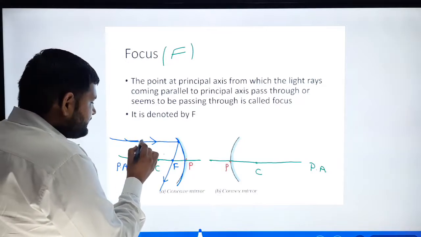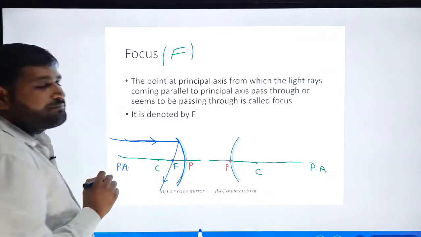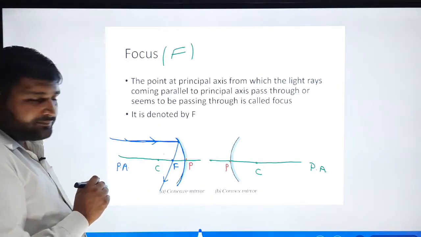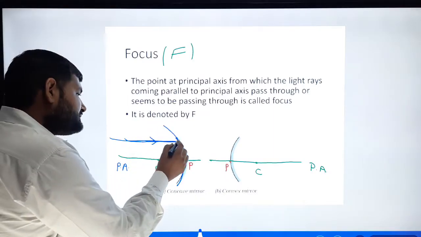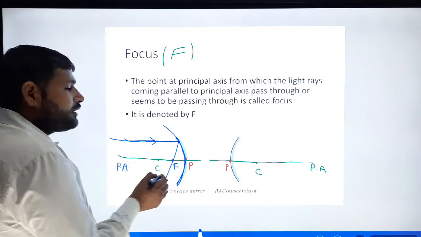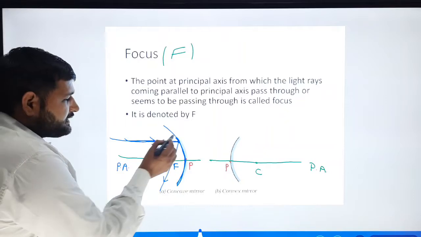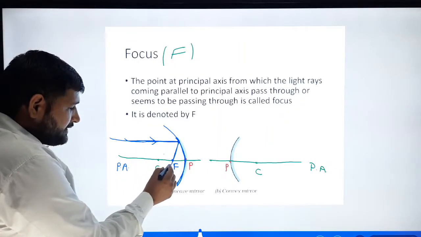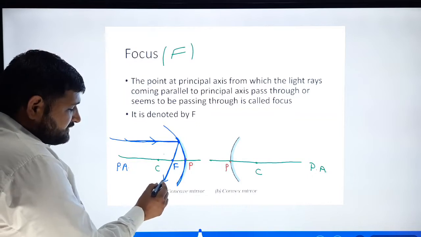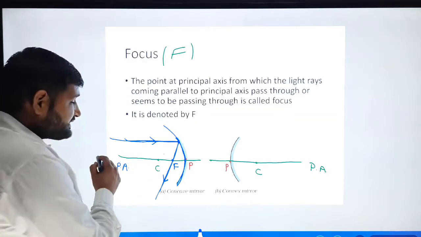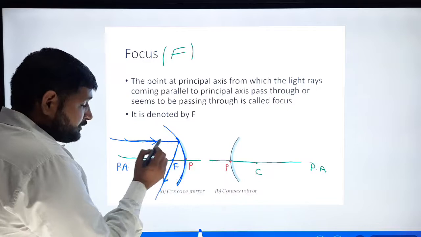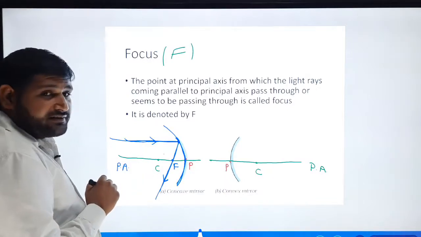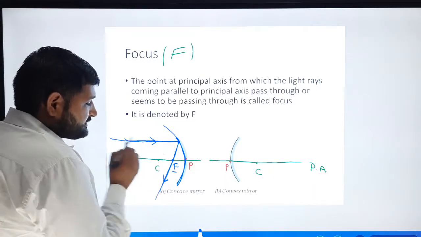So these are the incoming light rays which are coming parallel to the principal axis. Upon incidence on concave mirror, these light rays will be reflected, and these are the reflected light rays, and these reflected light rays will intersect the principal axis at this point, and the point of intersection is called focus.